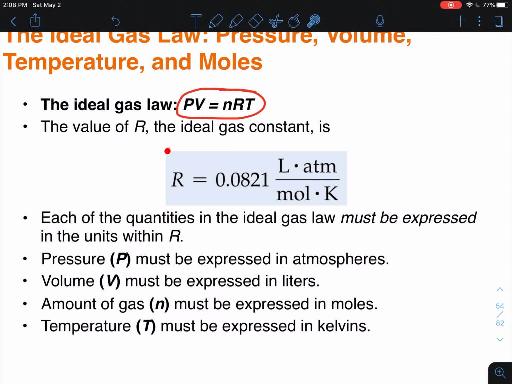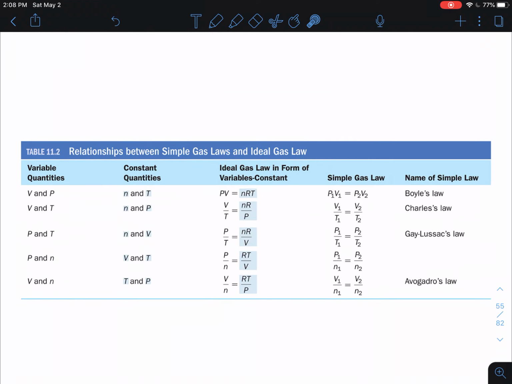But in this class, for right now, we're just going to use this one value of R. When you go into 200, you'll use different values of R. Pressure might be in millimeters of mercury, liters might be in a different unit, and essentially R will then change.